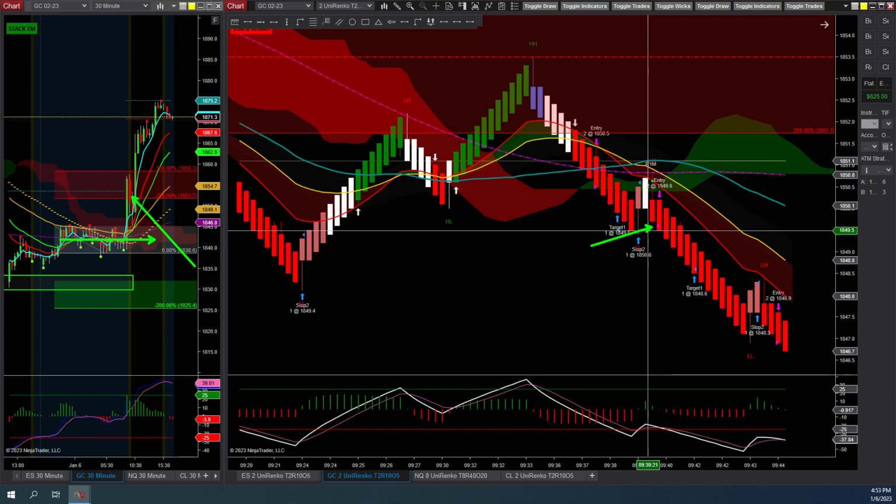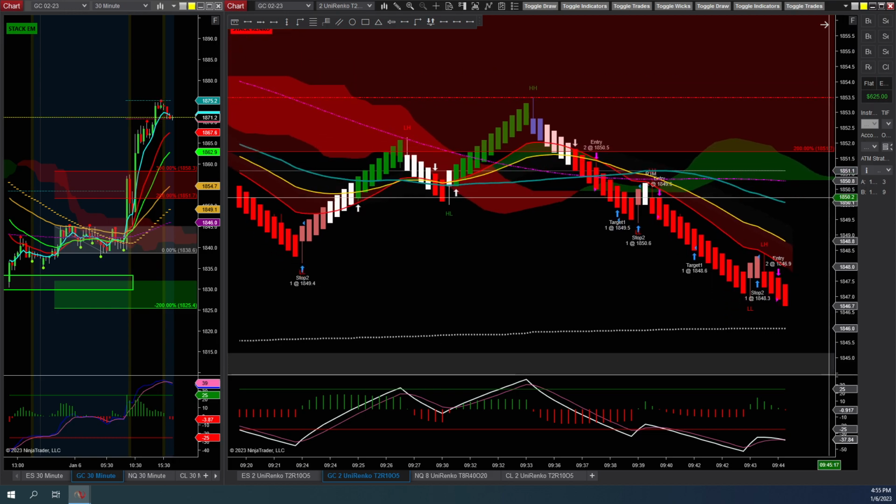You have a week that is moving away from the moving averages and also moving out of the cloud, was coming back down, first target right there for $100, and then the other one was stopped out at $130 at that level right there. I left this one to run a little bit more, so I didn't get the second target right there. I should have probably done that, but again, I was expecting it to move a little bit more.